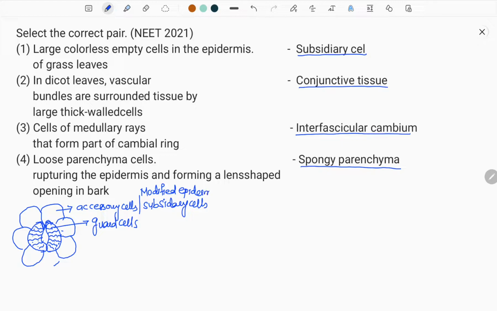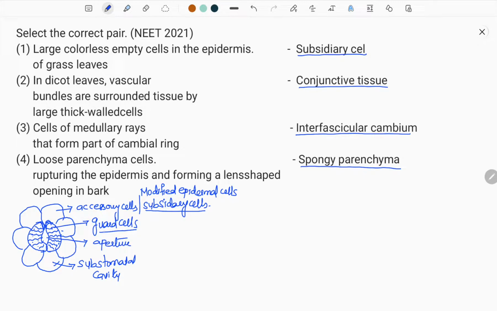But guard cells are generally two in number and subsidiary cells are many in number. That is one difference. And guard cells have a particular shape, whereas subsidiary cells don't have that particular shape. This part is called the substomatal cavity, and the central space opening is called the stomatal aperture.